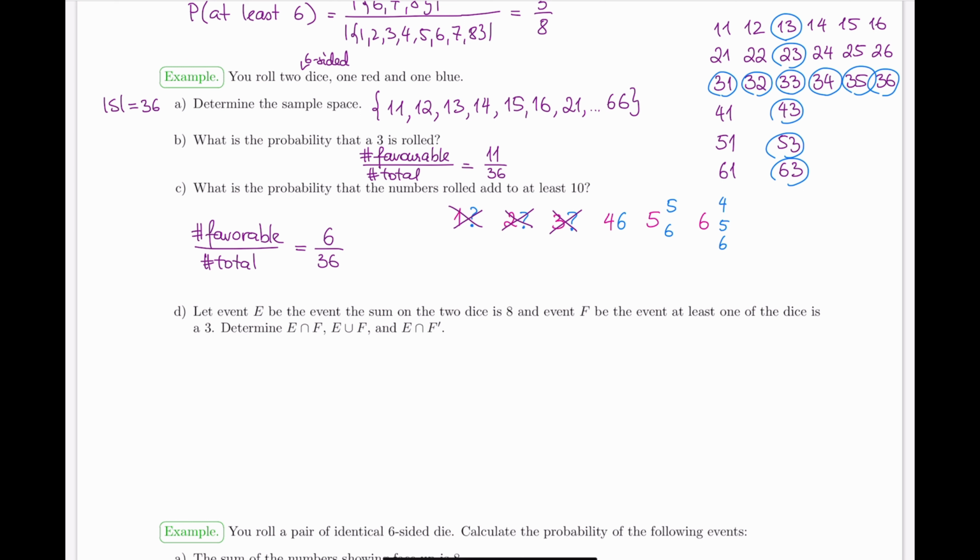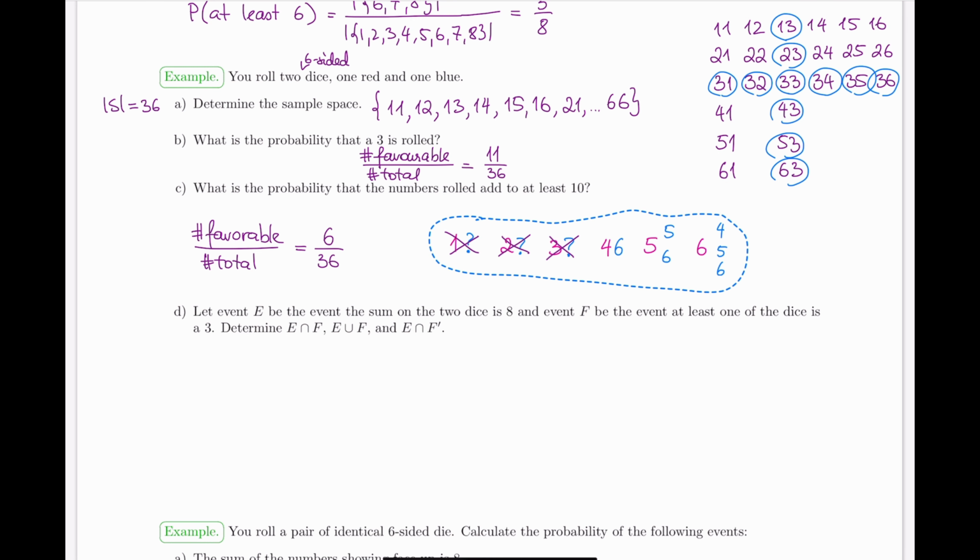How can we count this in our table? Where are the positions of the roll of the dice in the table that are going to add to at least 10? So using similar logic in the table, I can cross out the first 3 rows, because if one of the dice is less than or equal to 3, it's not going to work.